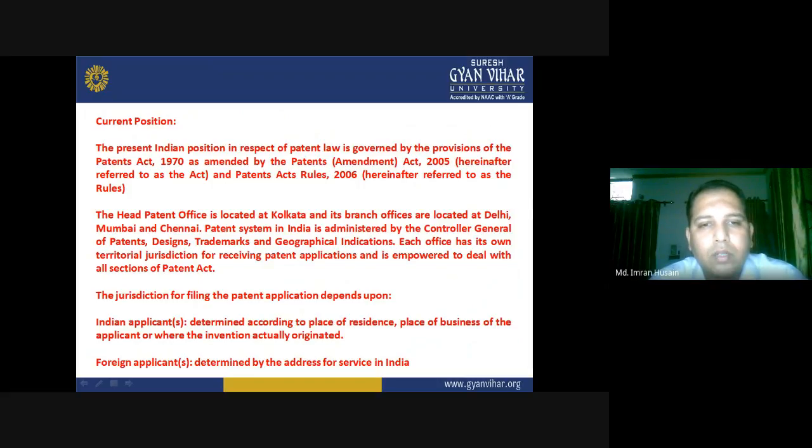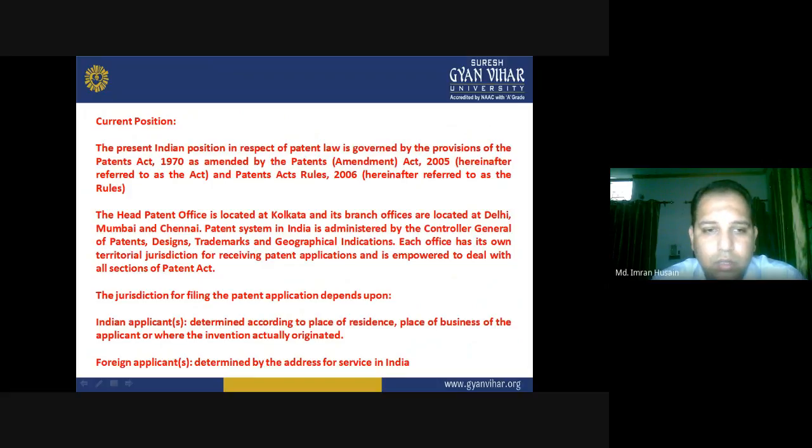The head patent office is located in Kolkata, and all the activities are carried out from there. Its branch offices are located at Delhi, Mumbai, and Chennai, and the patent system in India is administered by the Controller General of Patents, Designs, Trademarks and Geographical Indications.